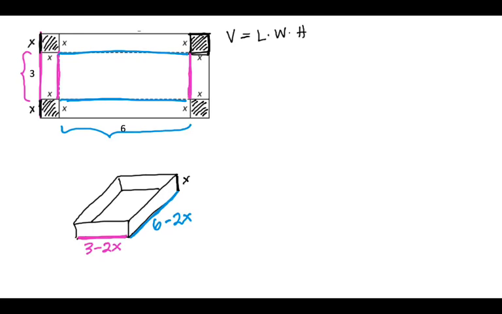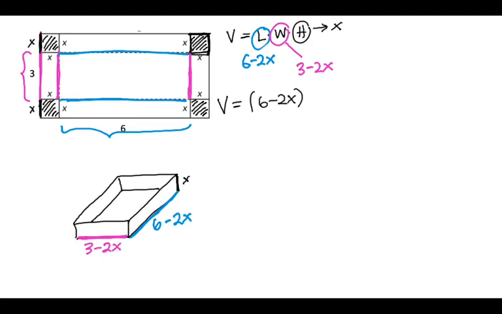All right, so let's see. I've got my length, 6 minus 2x. I've got my width, 3 minus 2x. And my height, we said, was just the x. So my volume function is 6 minus 2x times 3 minus 2x times x.